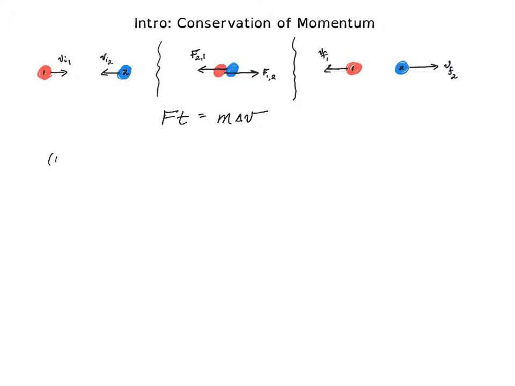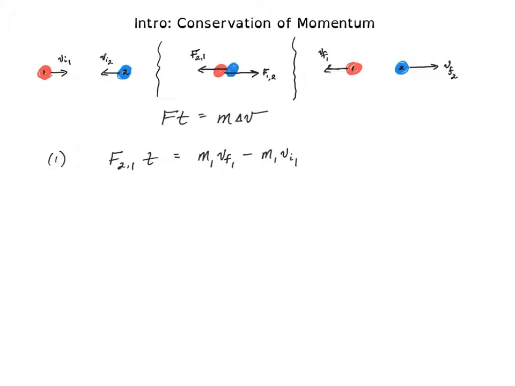Starting with object 1, the force that we see in the second snapshot acting on object 1 is F21 times time, and that's going to equal M1 V final 1 minus M1 V initial 1. All I'm doing there is distributing this mass out to our change in velocity. Remember, change in velocity is always final minus initial.